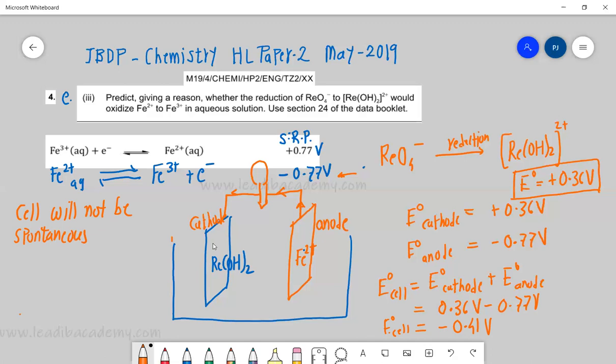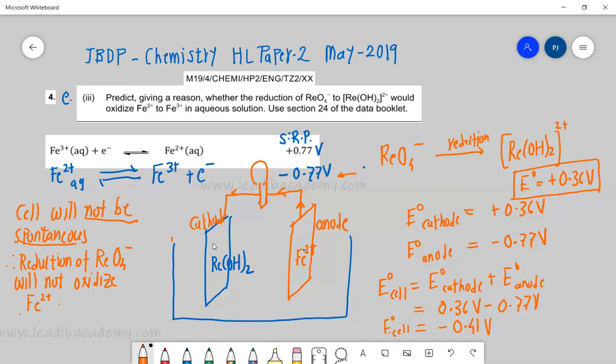Therefore we can conclude that reduction of ReO4- will not oxidize Fe2+. It is as simple as that.